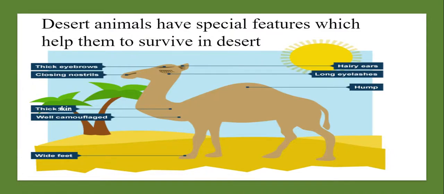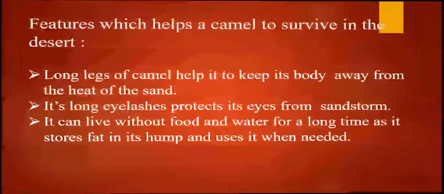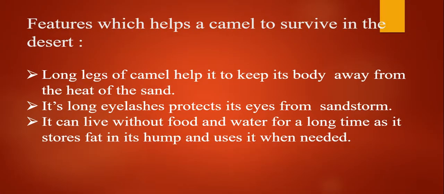Dear children, to survive in a desert, these animals have special features. For example, a camel has the following features which help it to survive in a desert, as you all can see in the picture. Camel has long legs which keep its body away from the hot sand.